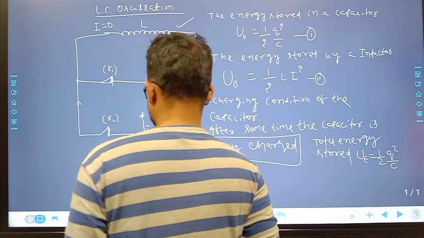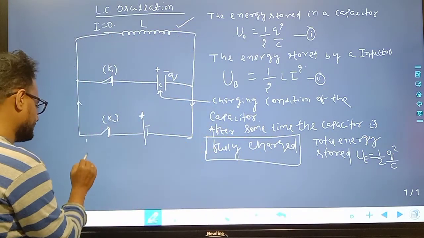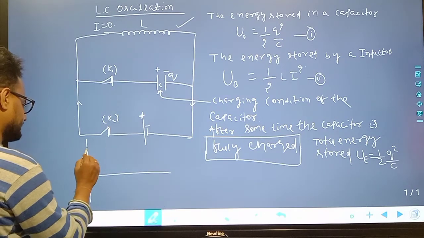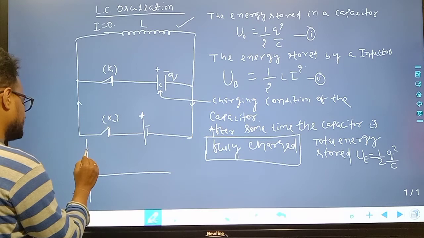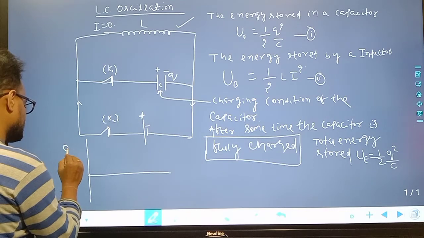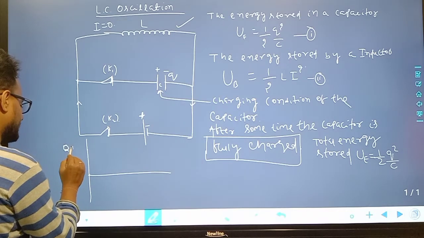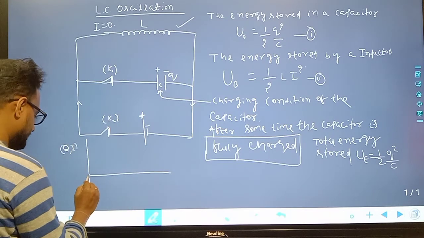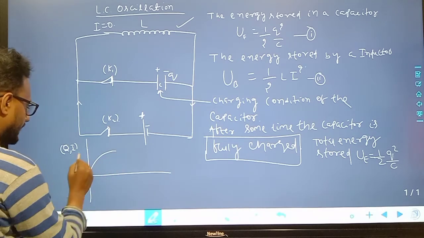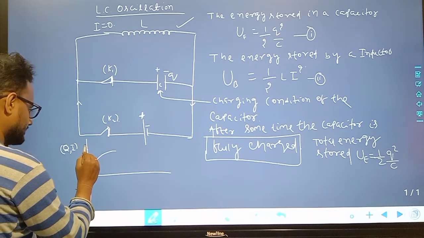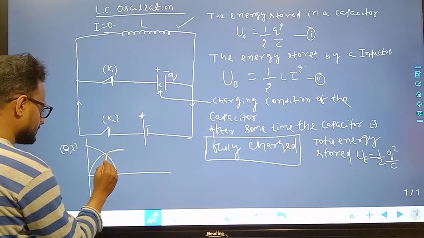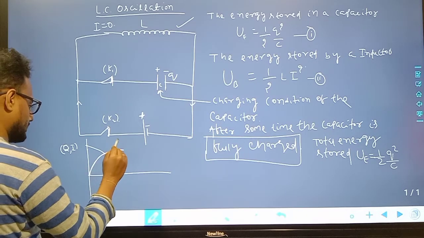If we draw the graph of charge and current according to time, the charge becomes maximum and the current becomes 0. Clear?